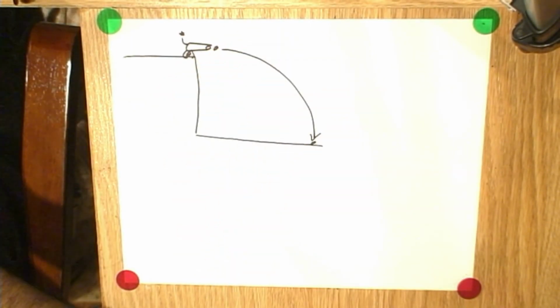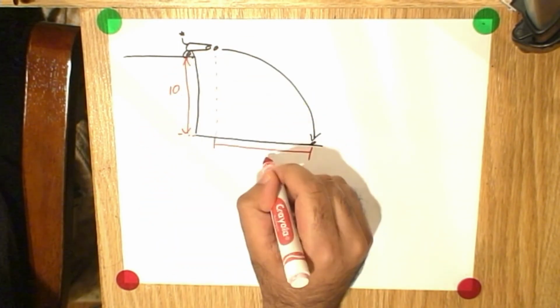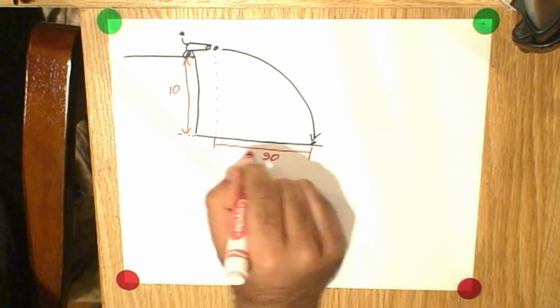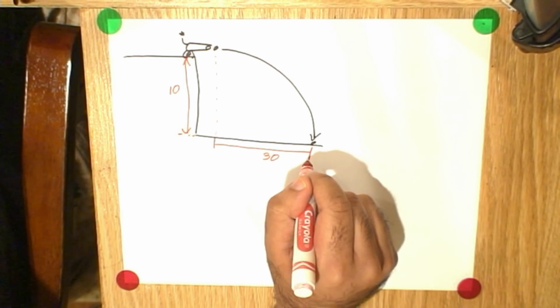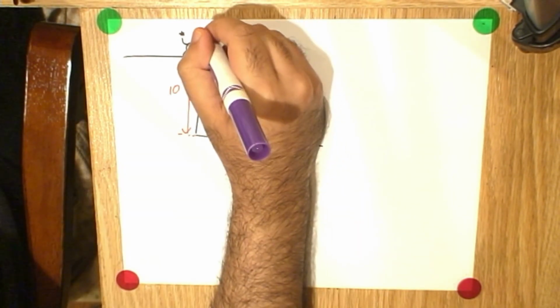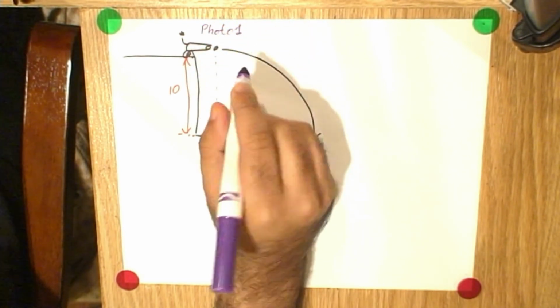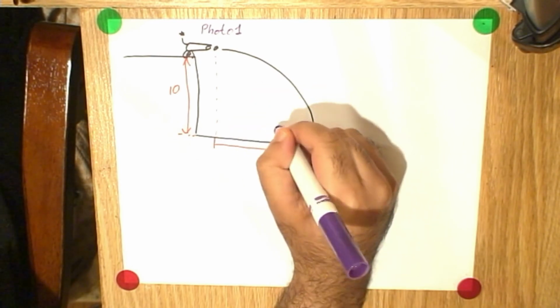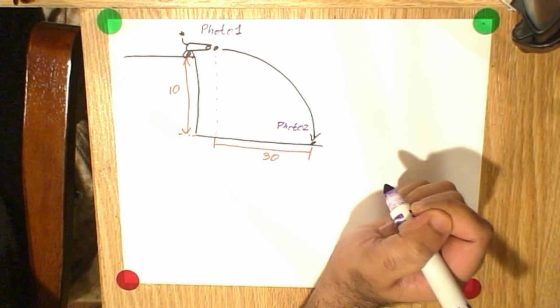I'm going to add in a couple of extra details. The height of the cliff is 10 meters, and the horizontal displacement of the cannonball is 30 meters. Let's set photo 1 as being the initial position of this cannonball, and photo 2 as its final position.